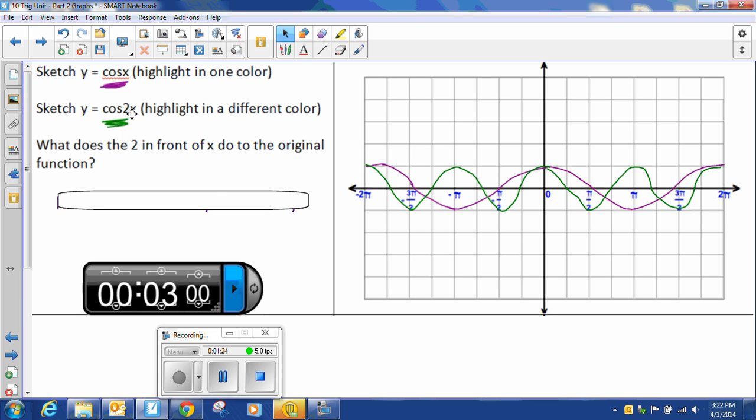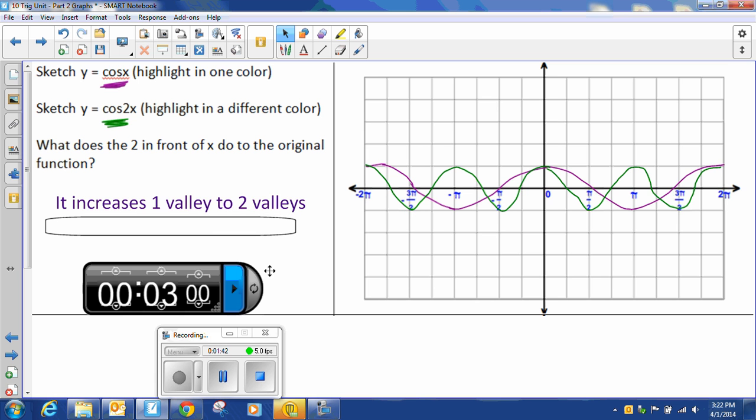Okay, now the coefficient of 2 in front of the x actually compresses cosine so that instead of one valley between 0 and 2 pi, you have 2 valleys, right? So keeping that in mind, we will define that later as a property of trig functions.